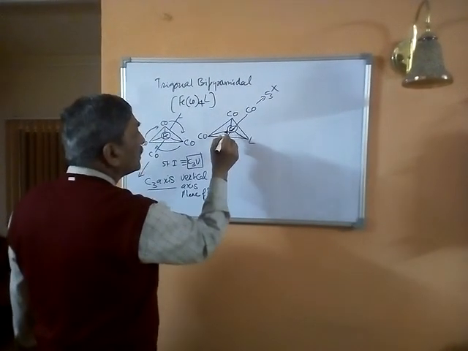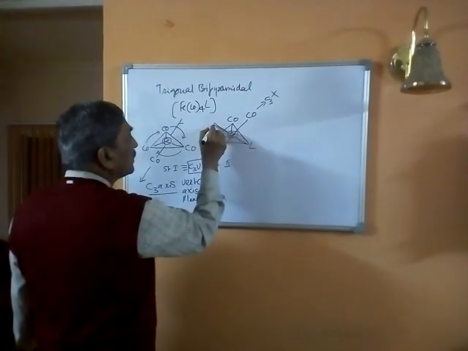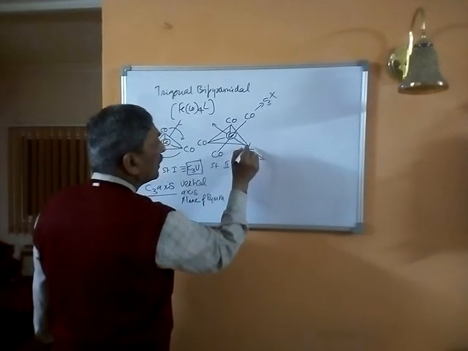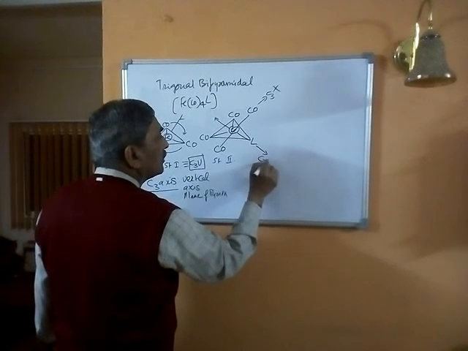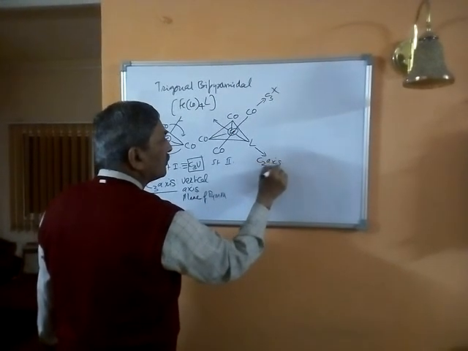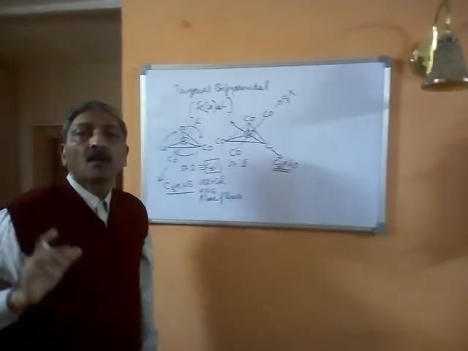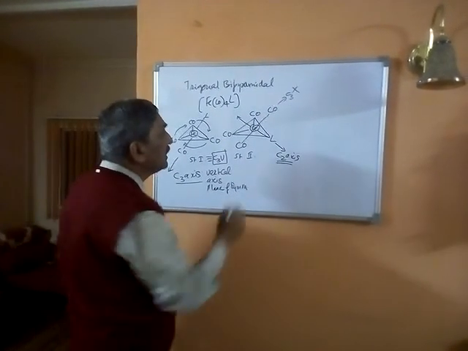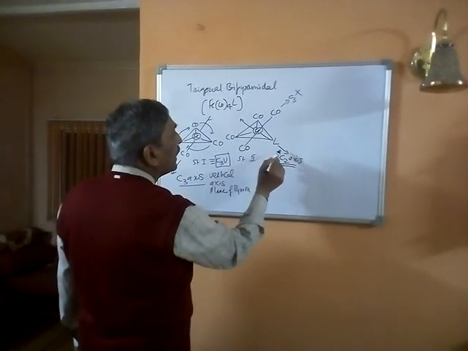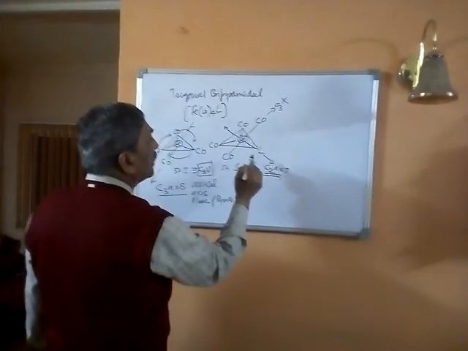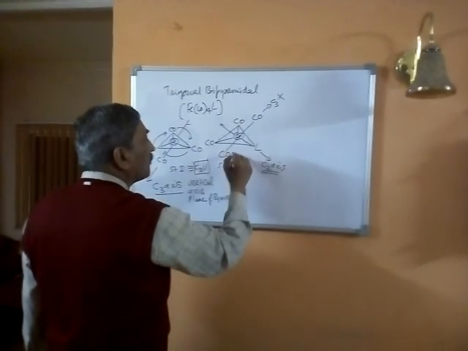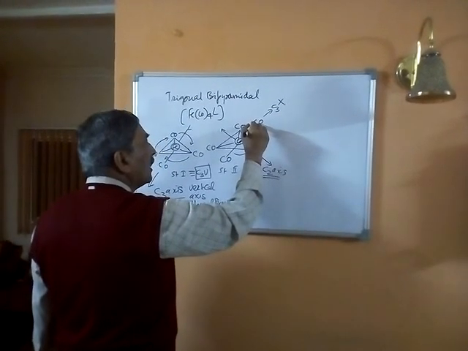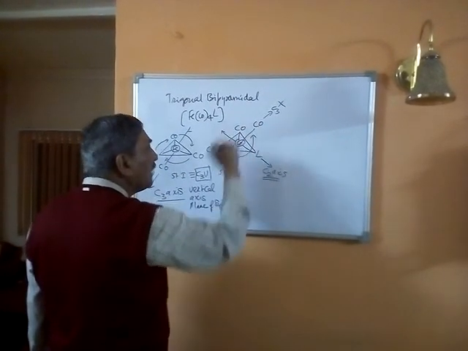What can exist is a C2 axis which is passing through the iron atom and the ligand L. The C2 axis, if you recall, is an axis of rotation by 180 degrees. If you perform a C2 rotation, then the CO in the axial positions will move by 180 degrees to the other carbonyl and vice versa.